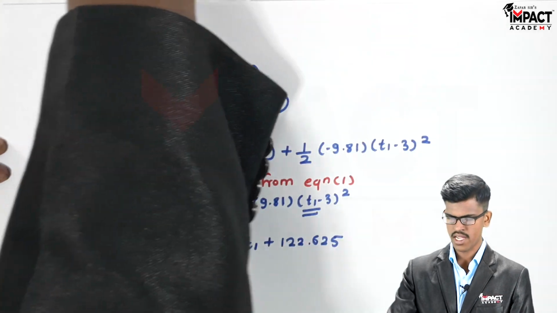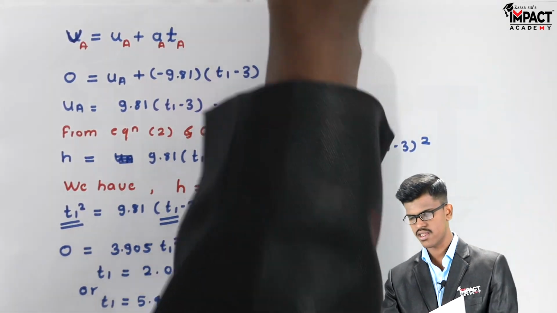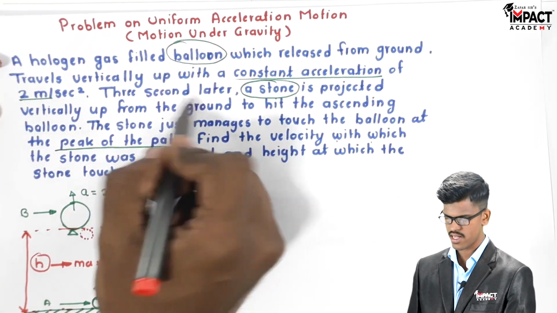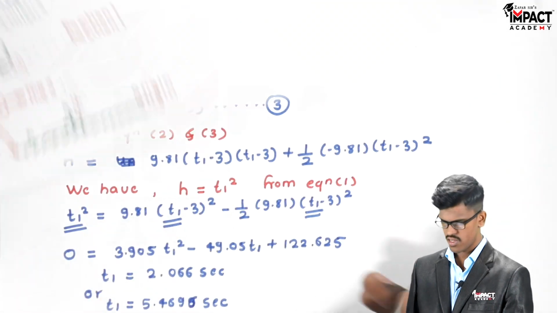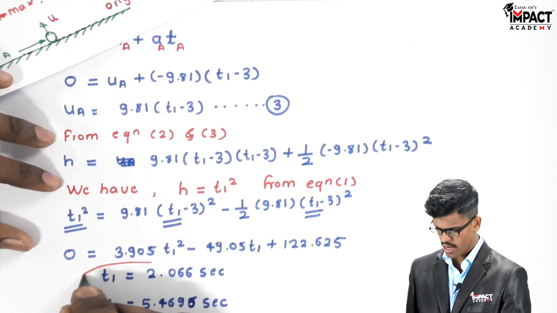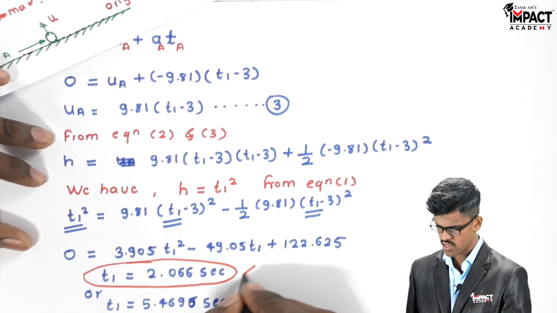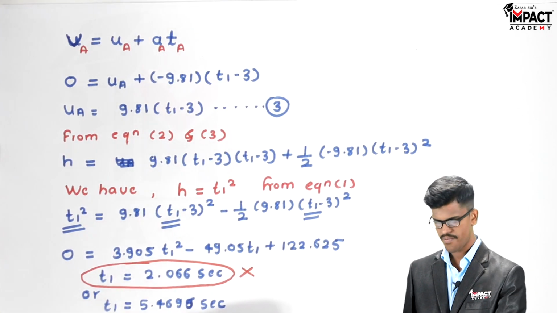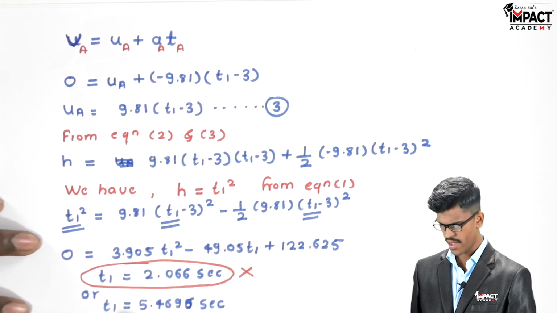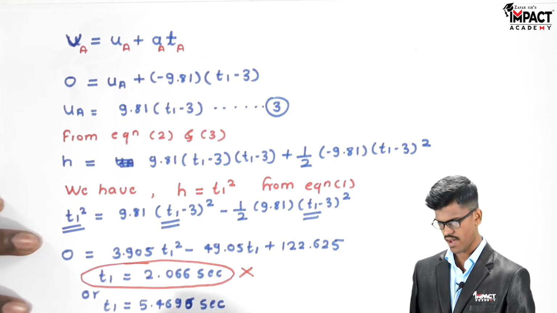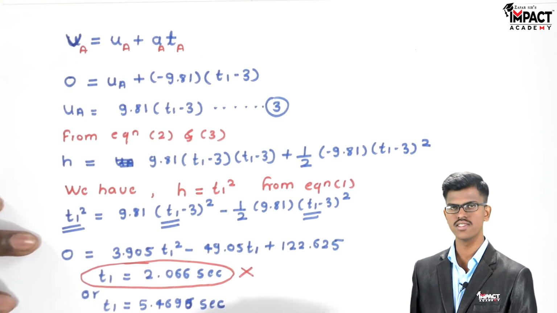But in the question they mention that after 3 seconds the stone is projected. So 2.066 seconds is not possible. So we get the value of t1, that is 5.4696 seconds.